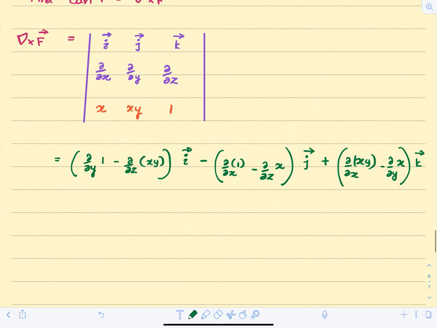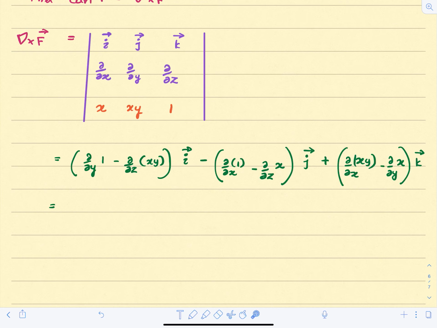If you simplify this, the derivative of 1 with respect to the y variable is 0. 0 minus the derivative of xy with respect to the z variable is also 0. So the first component becomes 0.